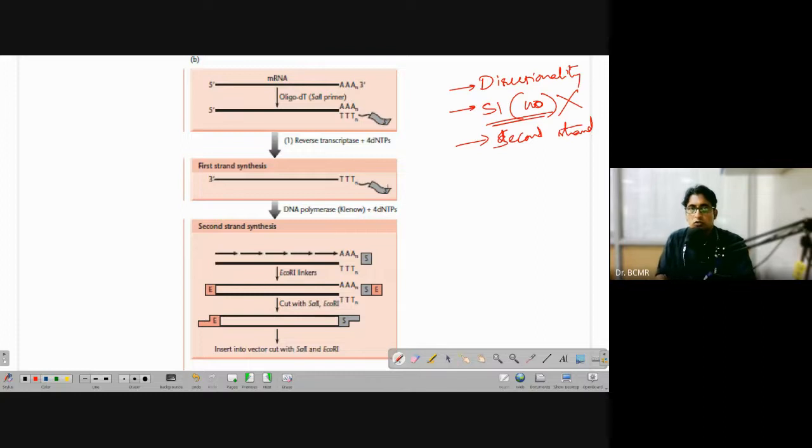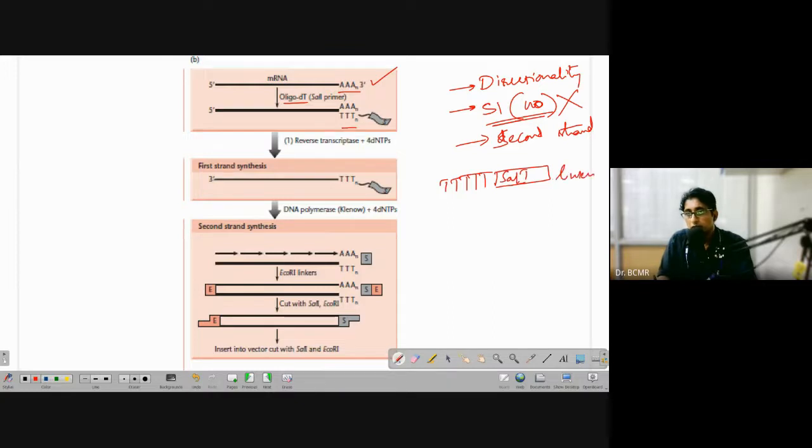So here is the protocol. In this, they have made an improvement. This is the mRNA with the poly A tail, and then we are going to add oligo dT, which has multiple T's, with a Sal1 site incorporated into the primer. So it's a Sal1 linker.